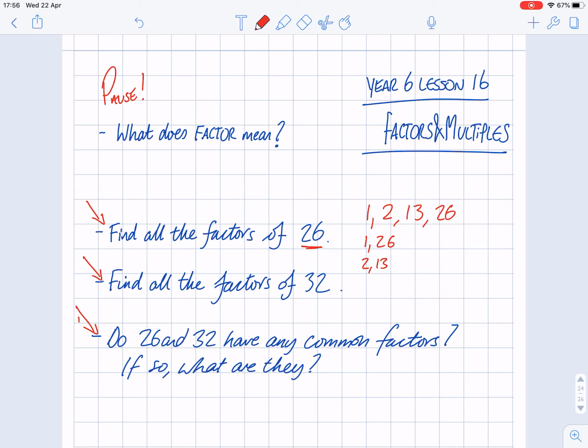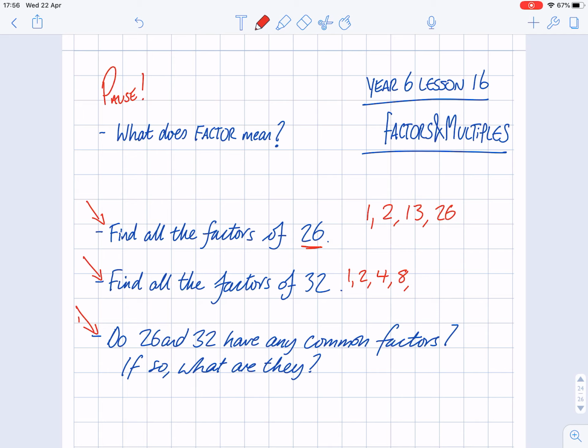Now all the factors of 32. Again, can I count up and land on the number? 1 is a factor of every single number known to man. I can count up in 2s and land on 32. 3s, no. 4s, yes. 5s, no. 6s, no. 7s, no. 8s, yes.